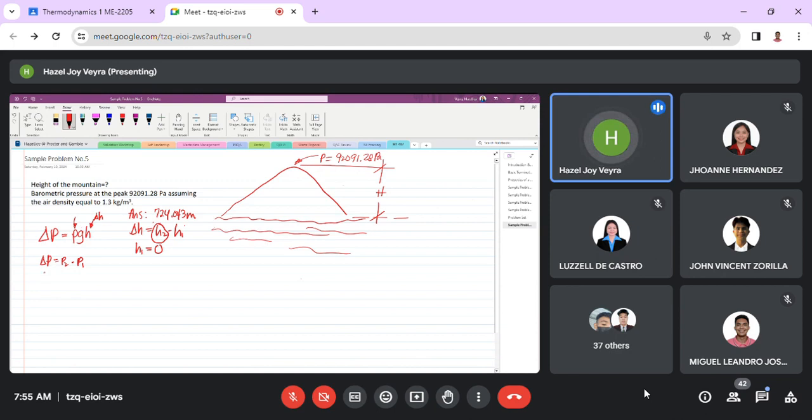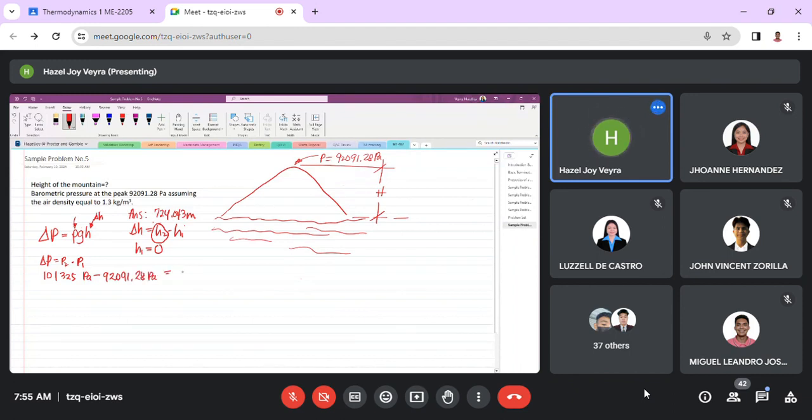P2 natin is the atmospheric pressure, 101,325, minus the barometric pressure we're given, 92,091.28 pascals.